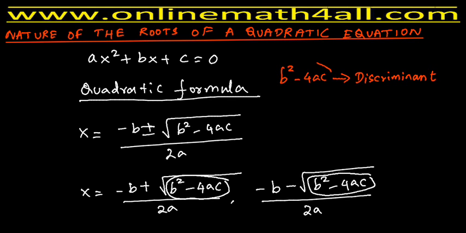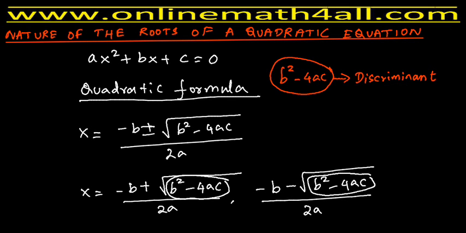Because it decides the nature of the roots of a quadratic equation. Based on the value of b² - 4ac, we will decide whether the two roots are real or imaginary. And again, based on the same value, we will decide whether the two roots are rational or irrational. So all those things are decided by the value of b² - 4ac. That is why it is called the discriminant.